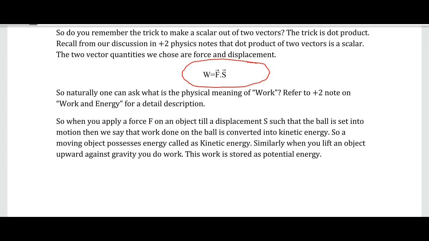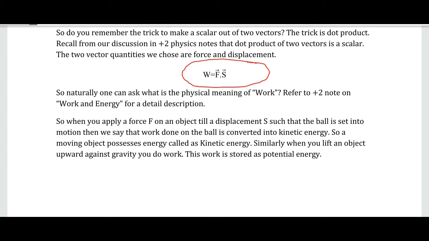You might have solved some problems in your +2. The same problem can be solved using force and acceleration, and the same problem can be solved using kinetic energy and potential energy, which are part of work done. That I'll explain now. Solving in terms of these energies and work done is very simple because you don't have to look for direction or anything.